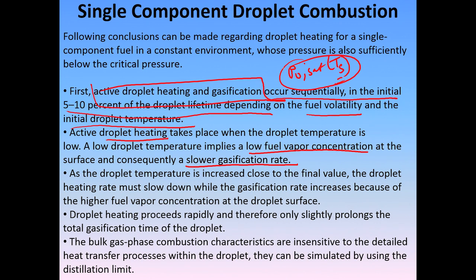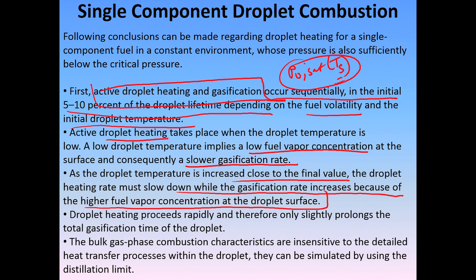As the droplet surface temperature increases, the gasification rate also increases. As the temperature approaches the final value, the heating rate must slow down, while the gasification rate increases because of the higher fuel vapor concentration at the droplet surface.